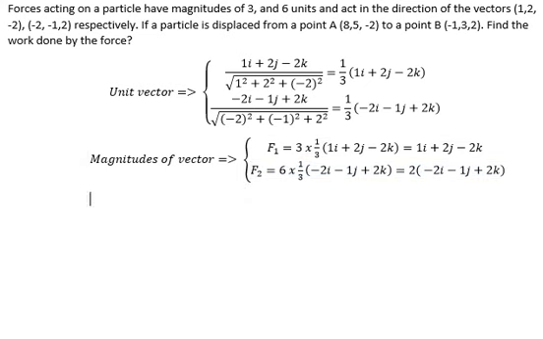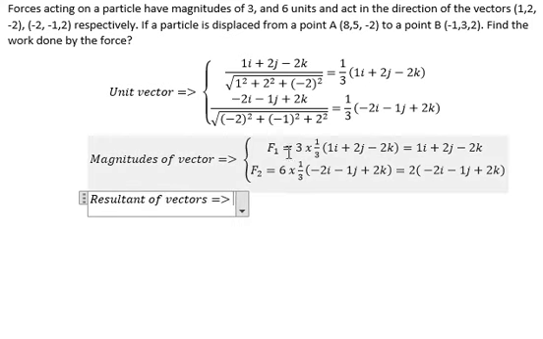And now the third step, we need to find the resultant of the vector. So we sum F1 and F2 together.